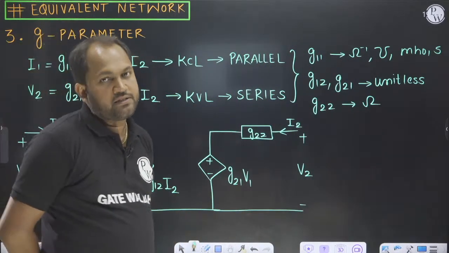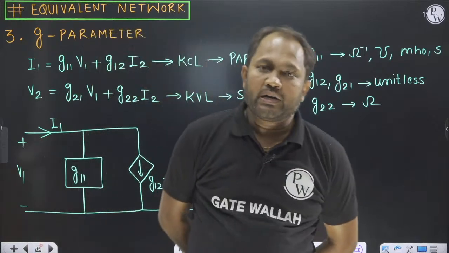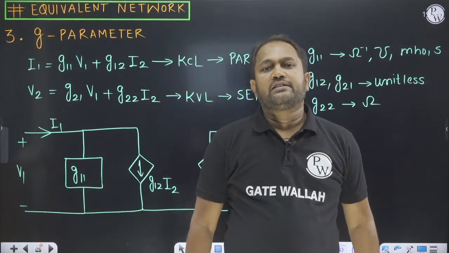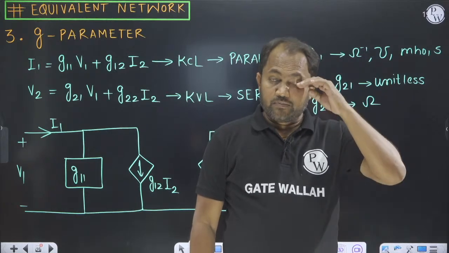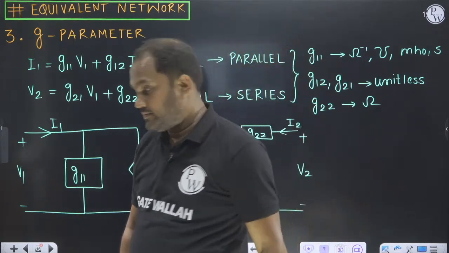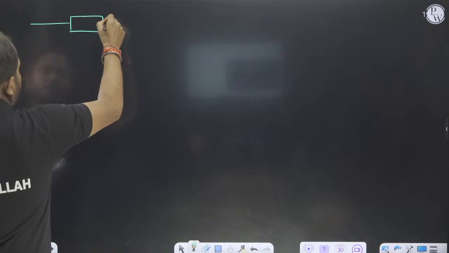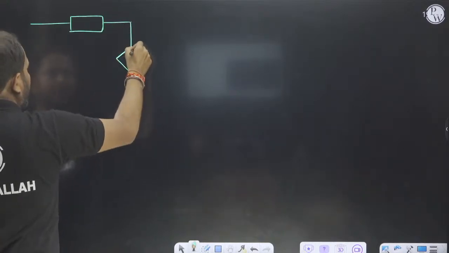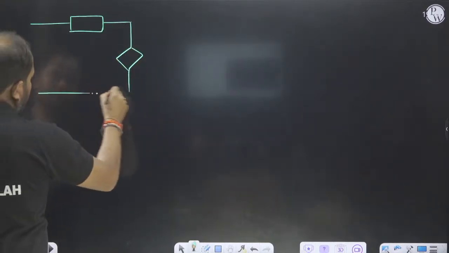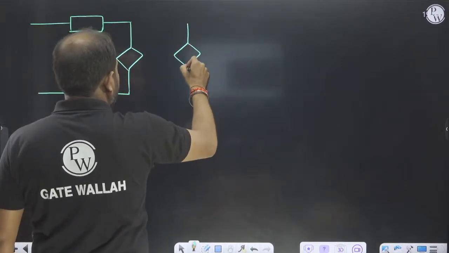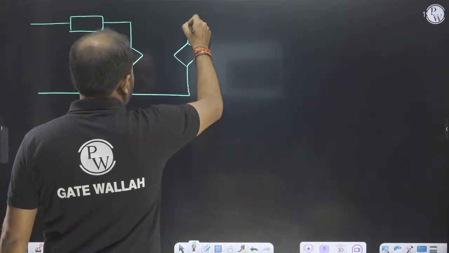Z parameter is series, Y parameter is parallel. So what we will do, I will give you the four networks. First of all, I will draw the series network.